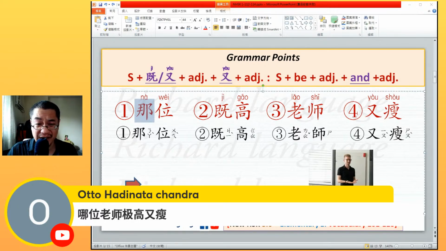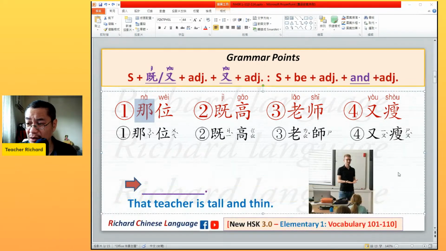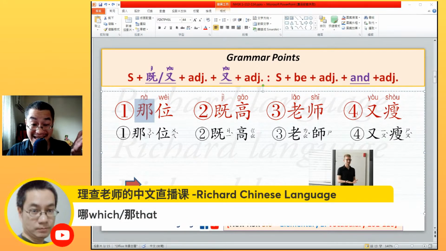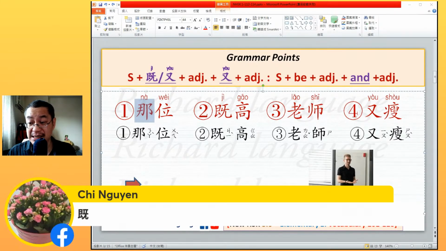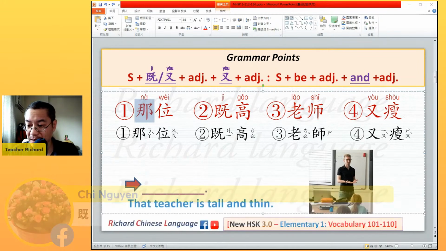They are totally different. 哪 means which, that's for a question. 那 means that, let's say like a pronoun. Quite different.